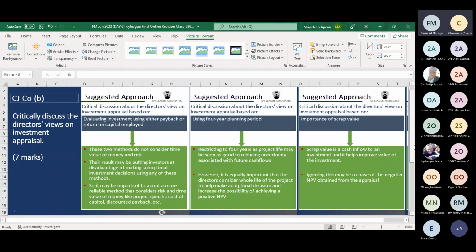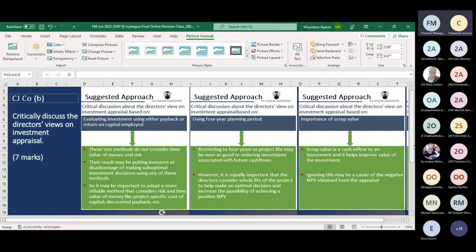You may not be sure of those cash flows. So uncertainty tends to increase as the project life increases. So it will be better to shorten the project life. You are saying that. That's fine, no problem.